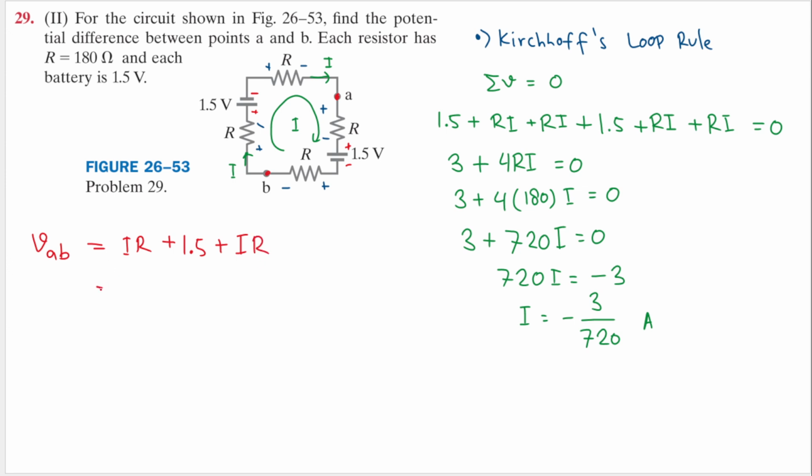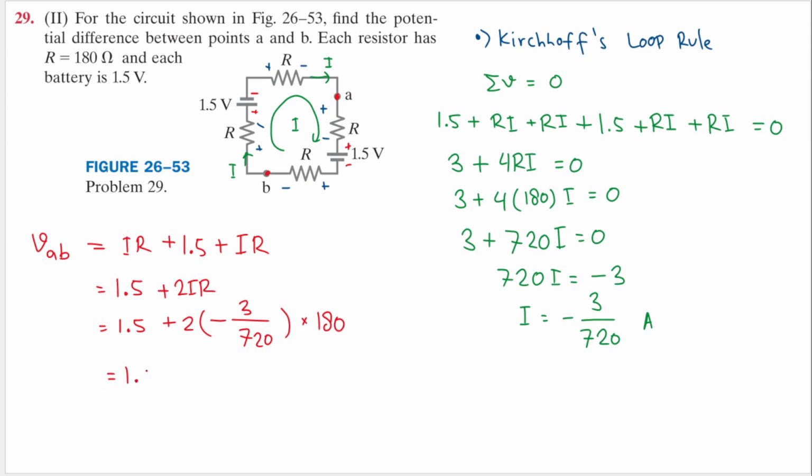So now I will have 1.5, and we have two terms of IR here, so I will have plus 2IR. Okay, we know the I, so I will have 1.5 plus 2, and then multiplied by minus 3 divided by 720, and then multiplied by the resistance, which is 180.